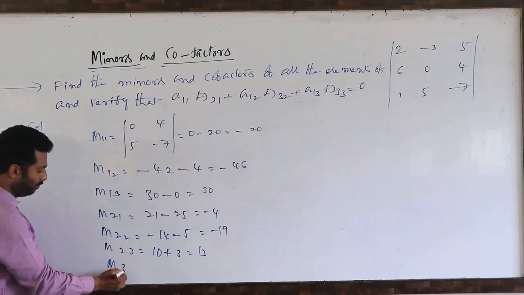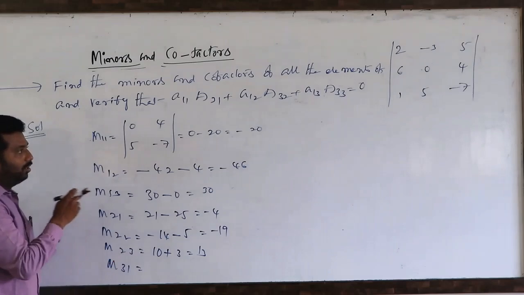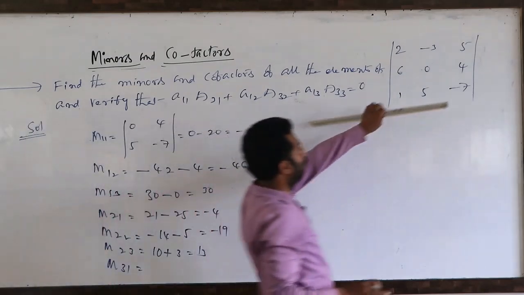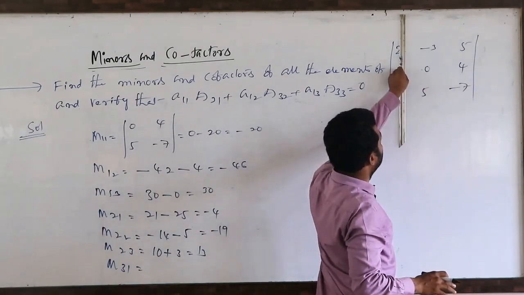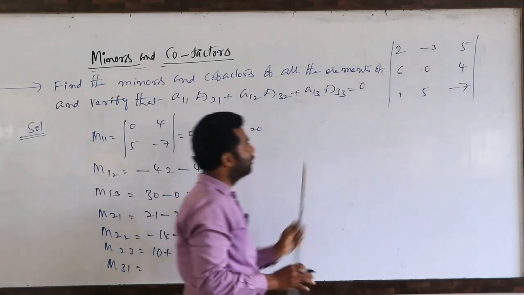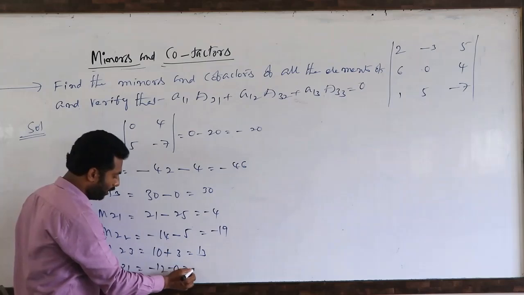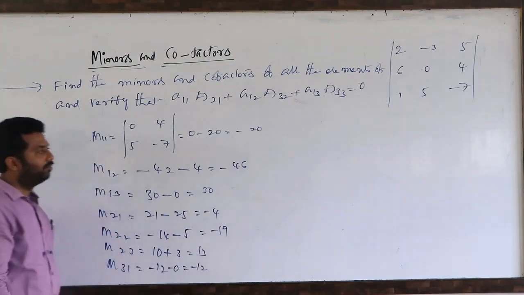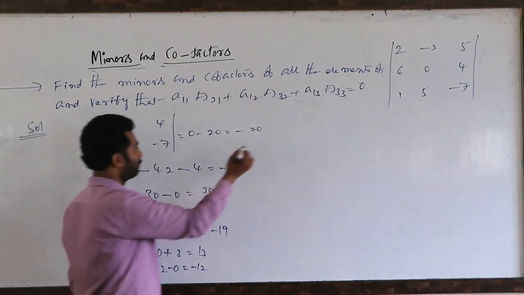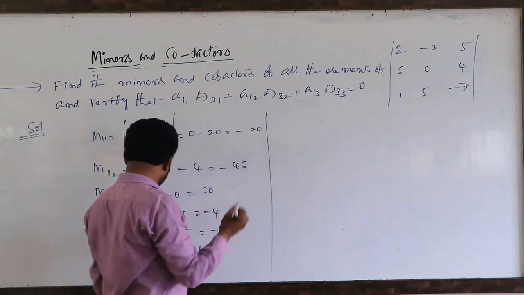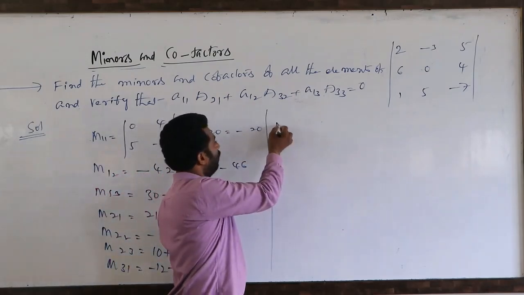Next, M31. Third row, first column I have to close. Minus 12, minus 0, nothing but minus 12. Next, M32.